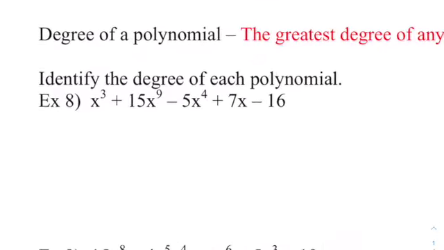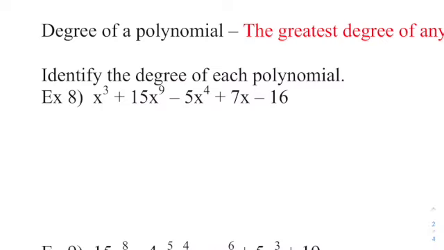When you look at example 8, what you're going to have is a degree right here, that's going to be 3. And then the degree right here, that's going to be 9. Degree 4.